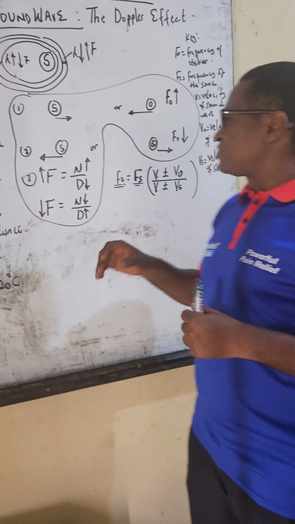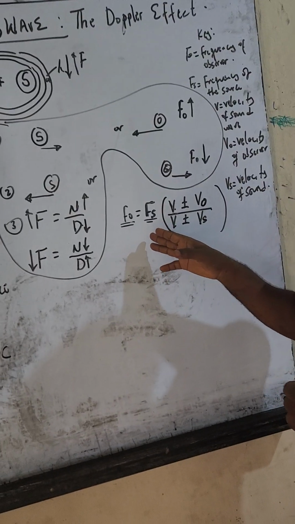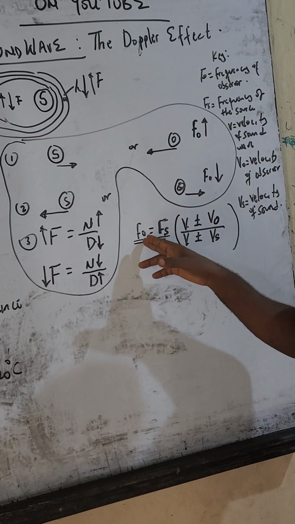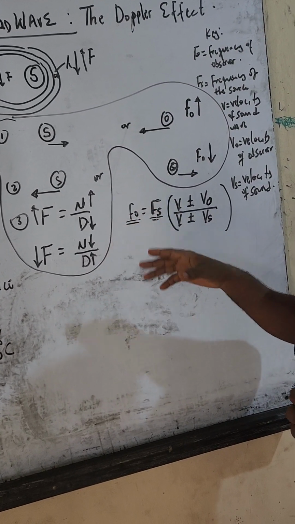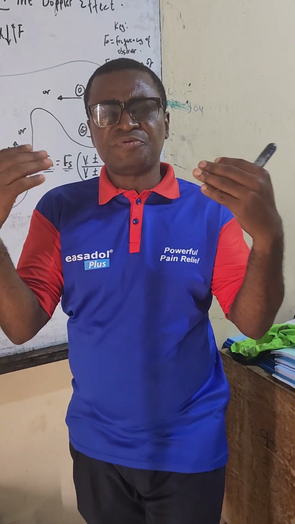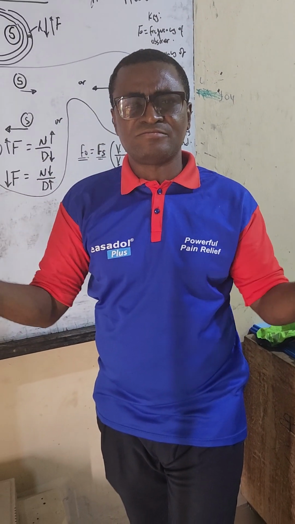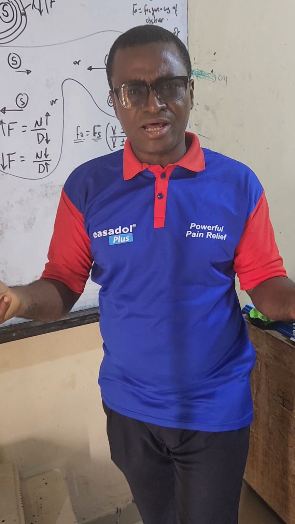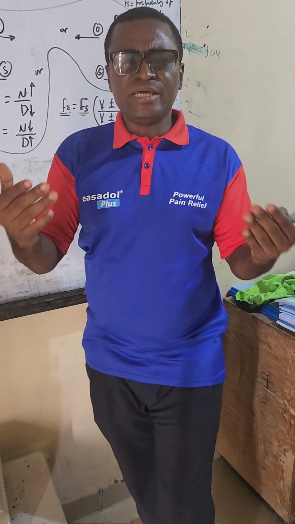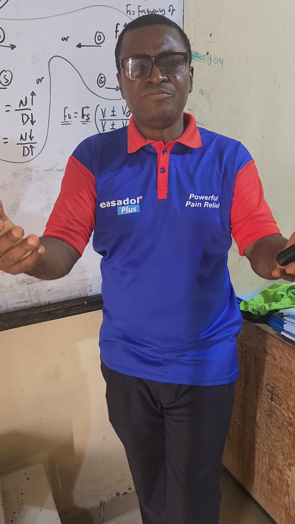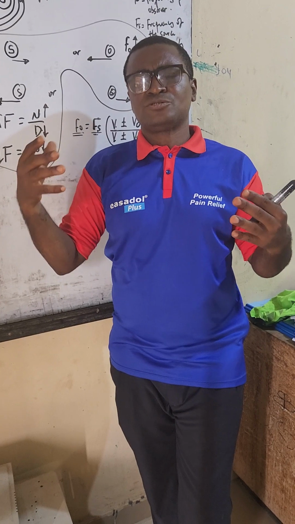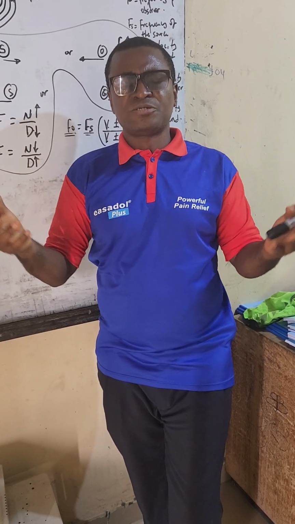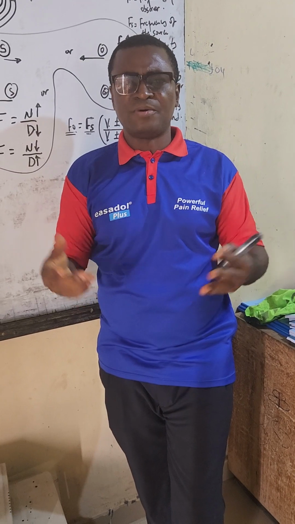Like I have said, when we are working on Doppler effects, I have given the relationship between the frequency of the source of the wave and the frequency of the observer of that wave. In a real life situation, if you are moving towards the speaker where the music is blaring, you will hear the sound louder. But if you move away from the speaker, the sound will be lower. So this is a practical illustration of what the Doppler effect is all about.